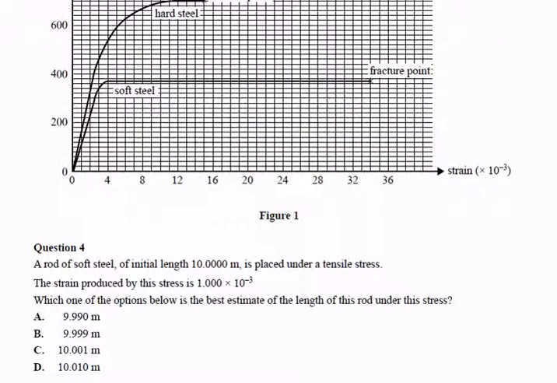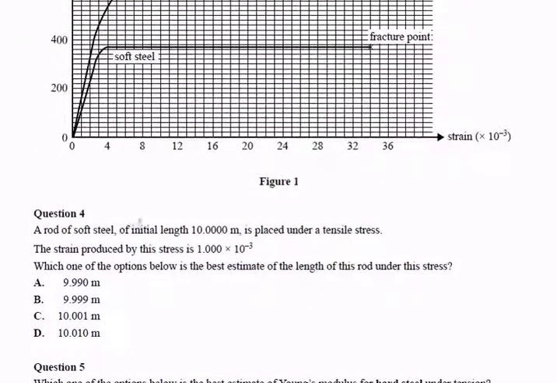Right. Question 4. Soft steel has an initial length. It's placed under tensile stress. The strain produced by the stress is this strain, epsilon. What is the best estimate of the length of this rod under this stress?